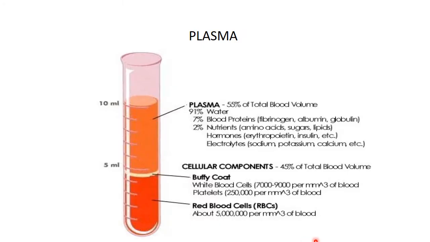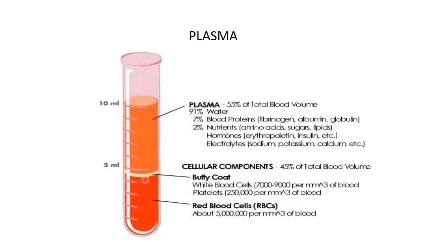Now in detail, this is the plasma and this is the cellular compartment. If we take 10 ml, we will find plasma is 55% and the cellular compartment is only 45%.